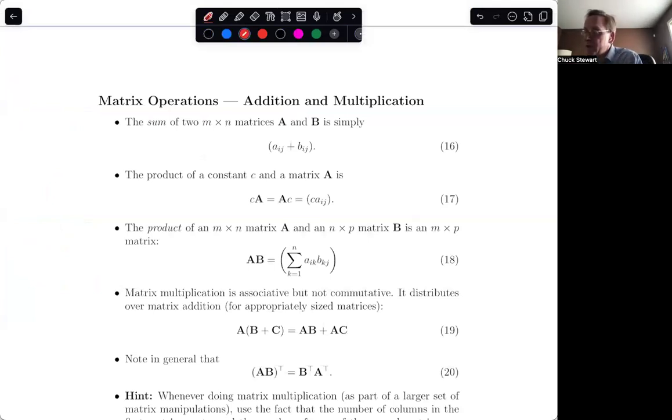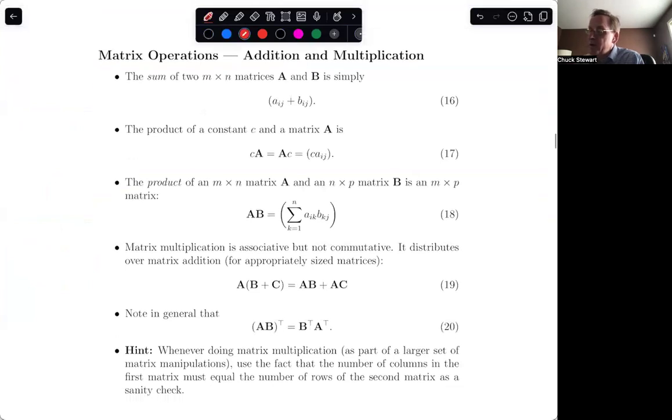So addition and multiplication are standard operations. The sum of two matrices is just the sum of the component-wise indices. The product of a constant with a matrix is the constant times each of the components of the matrix. And notice we can write it both on the left and on the right.